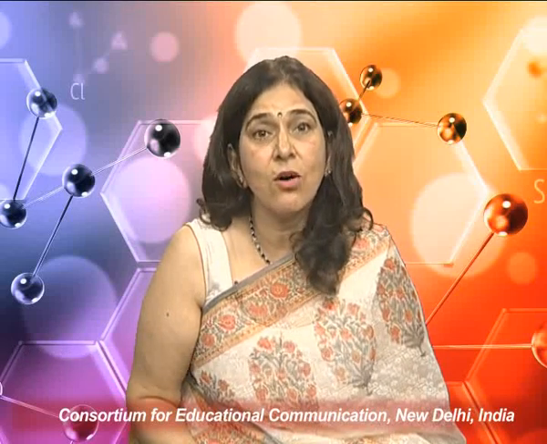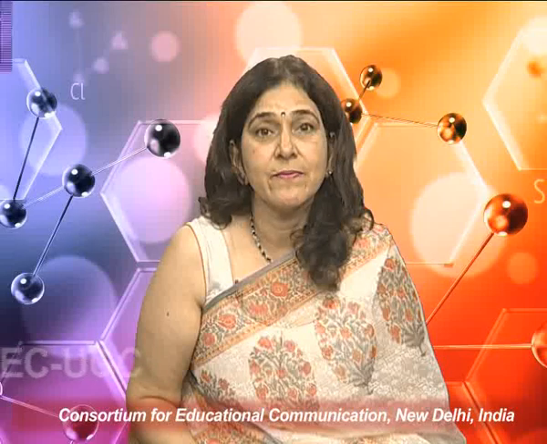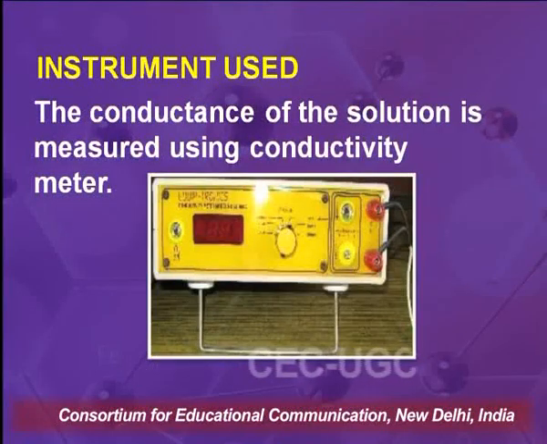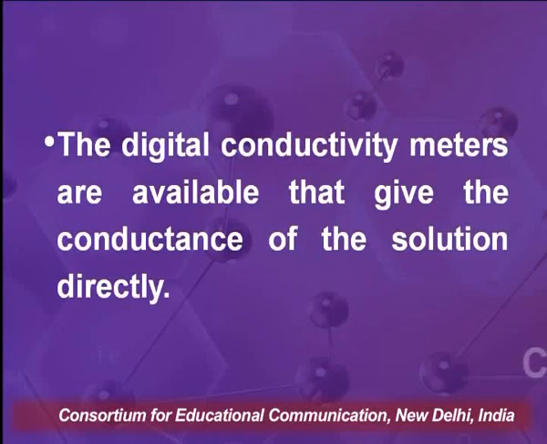Today we will be discussing our experiment number 1. Aim of the experiment is to determine the cell constant of the given conductivity cell using a conductivity meter. Instrument used. The conductance of the solution is measured using the conductivity meter as shown in the figure. The digital conductivity meters are available that give the conductance of the solution directly.